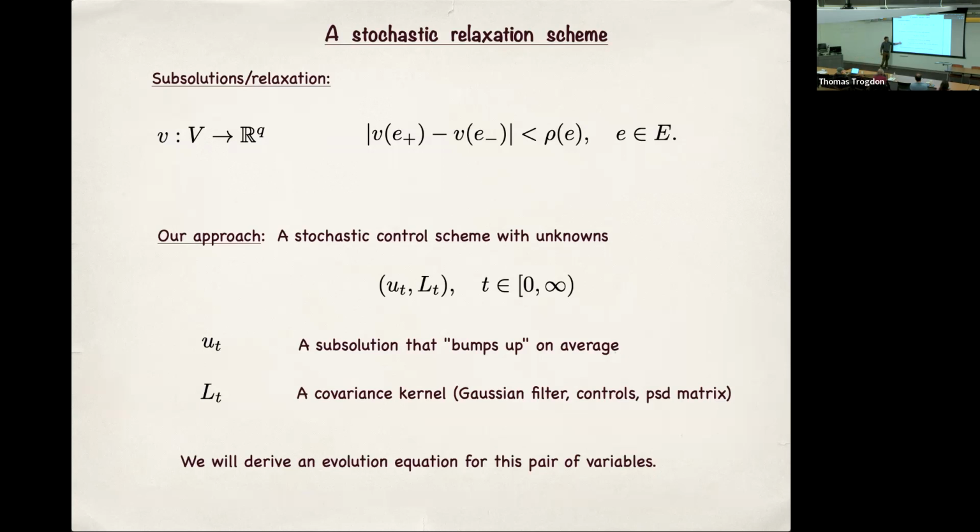It's a critical insight that goes back to Nash. I'm going to write out a coupled evolution equation for these two variables. That guy is a vector, that guy is a matrix. That would be one way of thinking about it.